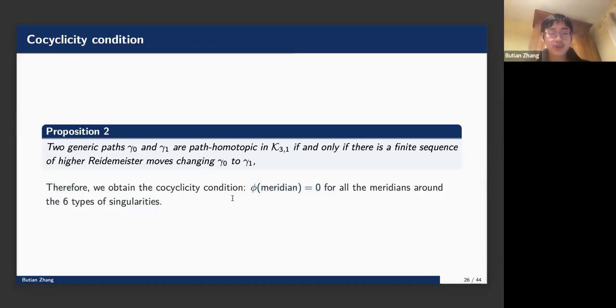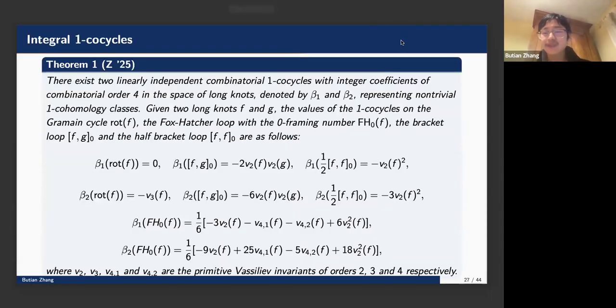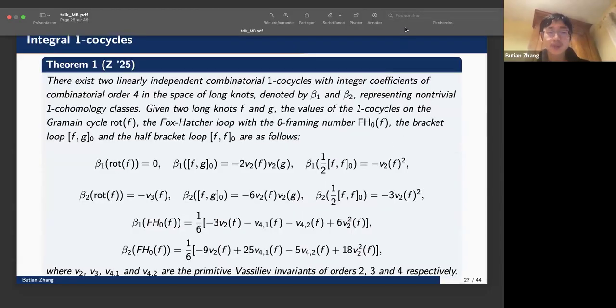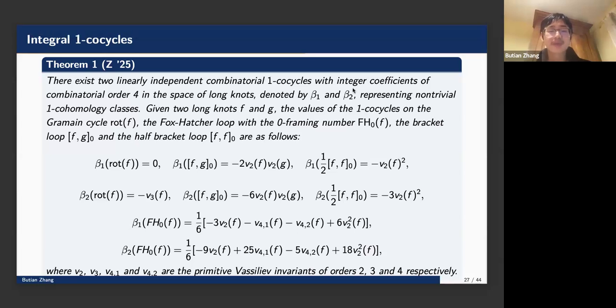And now I shall show you the main result of this part: we have constructed two new one cocycles of combinatorial order 4 in the space of long knots over Z, and we have calculated their values on the loops that we mentioned earlier.